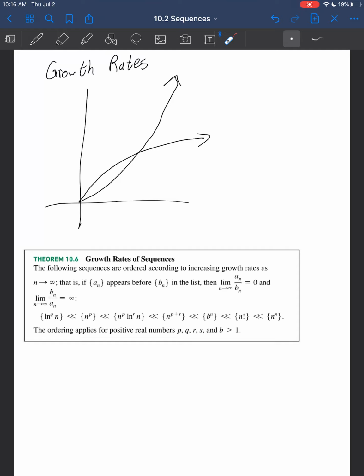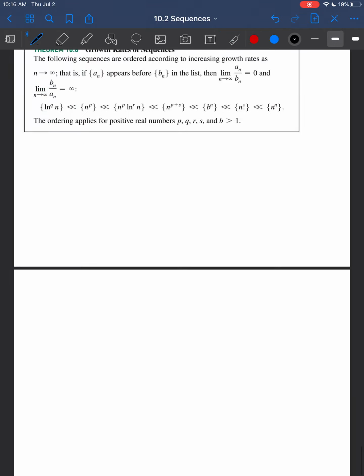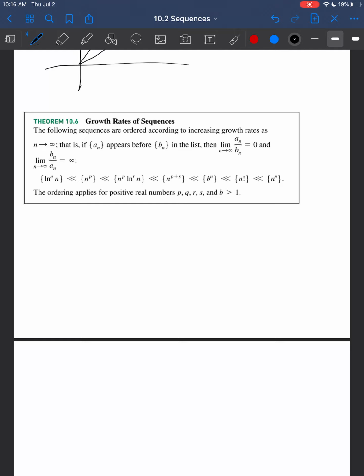Then n factorial, which is n times n minus 1 times n minus 2, and then finally n to the n. The basic idea is that if we have something on the right divided by something on the left, the limit does not exist. And if we have something on the left, so something small over something big, it's going to go to 0.